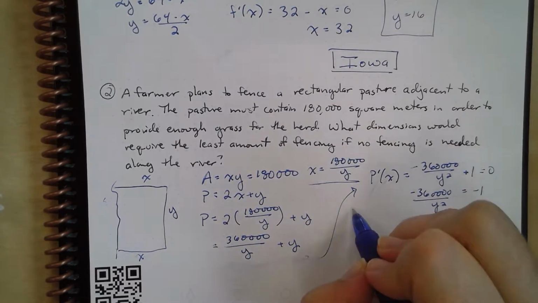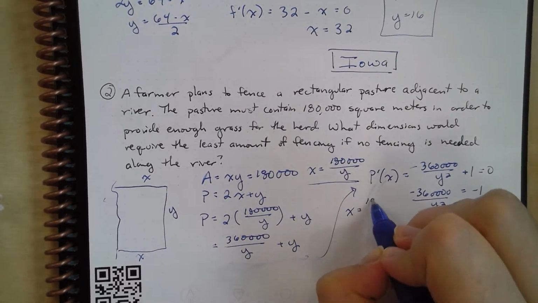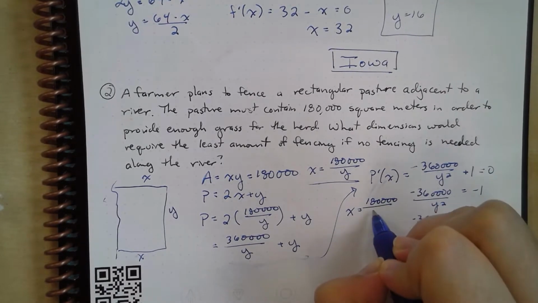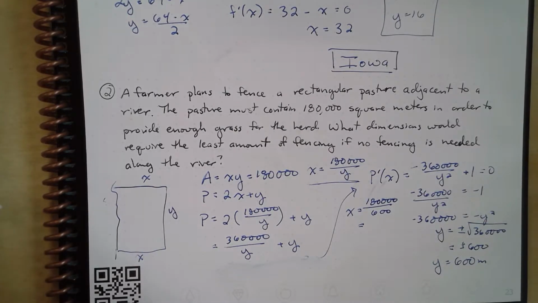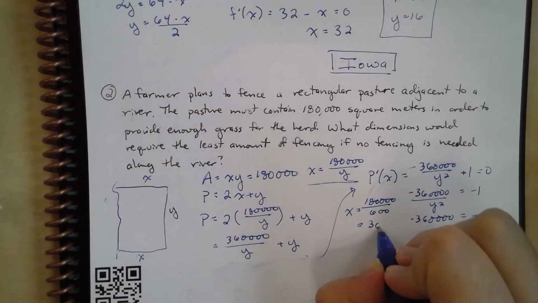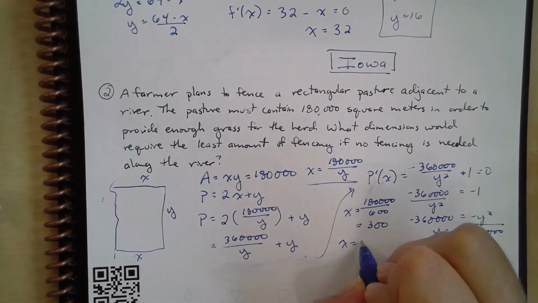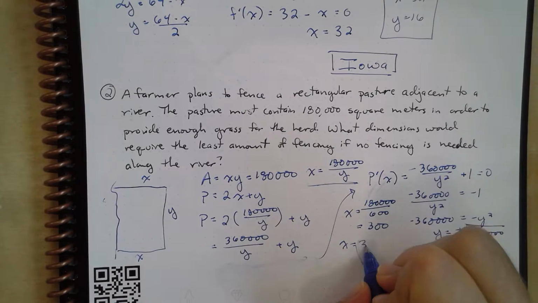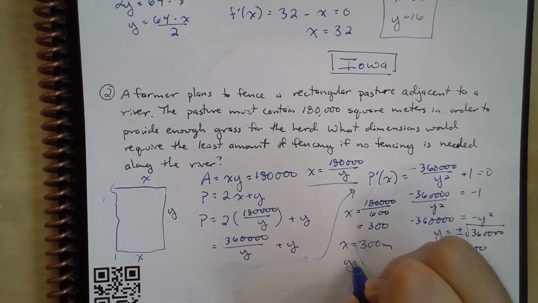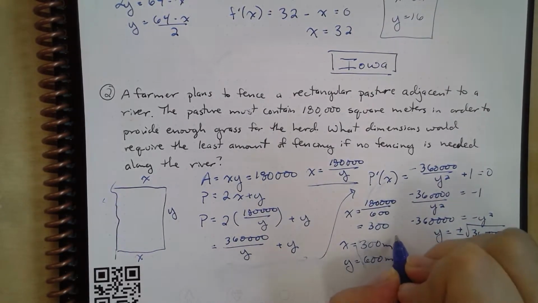So what's x equal to? Well, x is going to be equal to 180,000 divided by 600, which equals, I believe it should be 300. Good, I'm right. So x equals 300 meters, and y equals 600 meters.